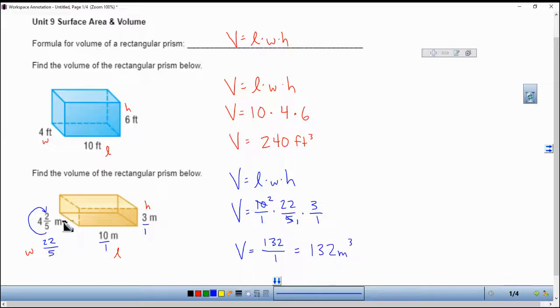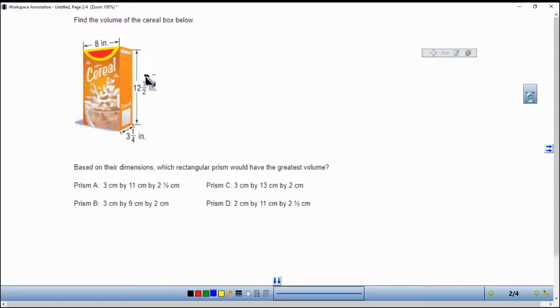So the key thing here is when you see a mixed number, convert it to a fraction by using the swoop, and then look to simplify if possible. We're going to see that in the next one too, this lovely cereal box.